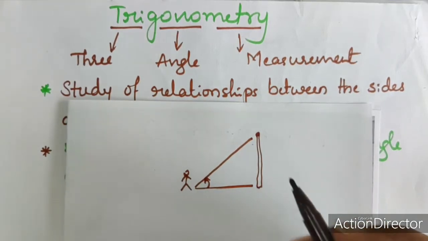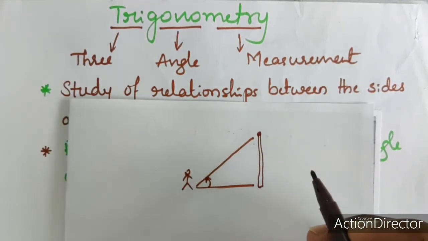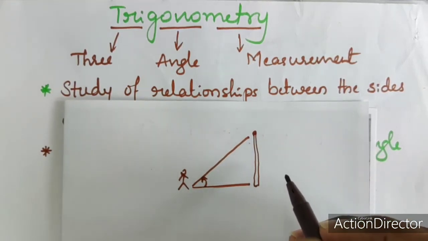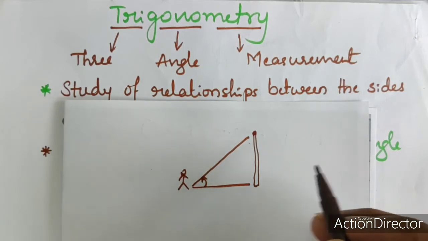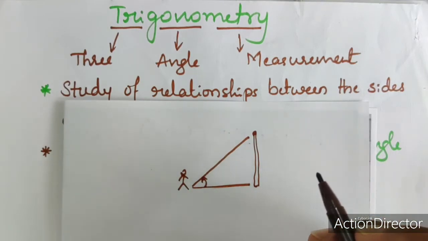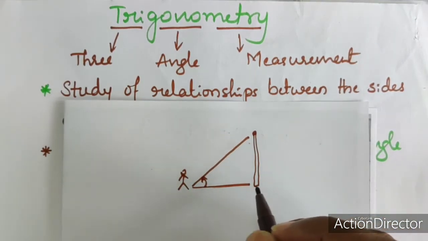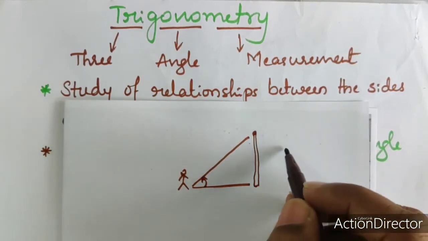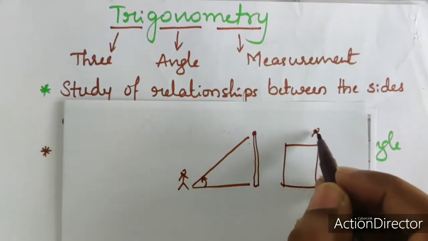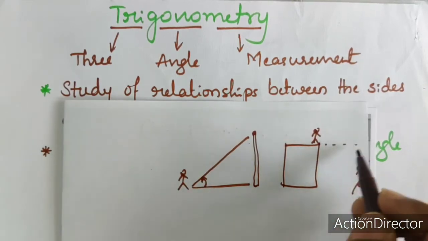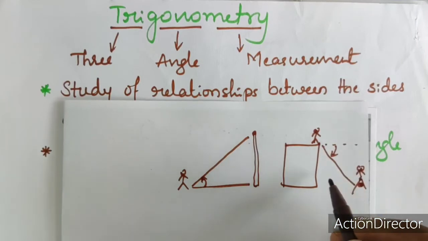This concept is also used in astronomy, where the distance between the stars can be identified, and on ships people can measure the distance between the ships. Also, suppose you are standing on a building and you want to know at what distance another person is standing, here also we can use the angle of depression, as we call it.